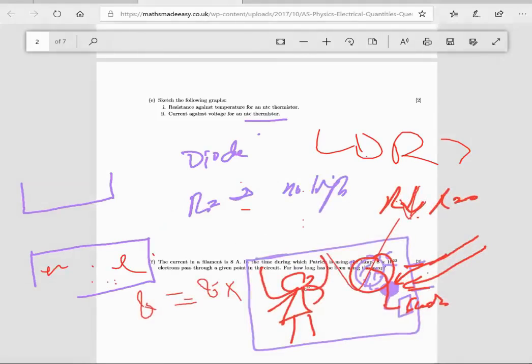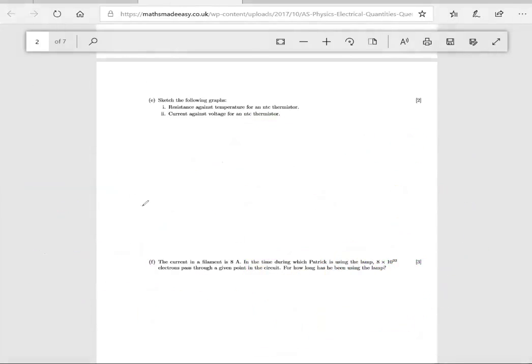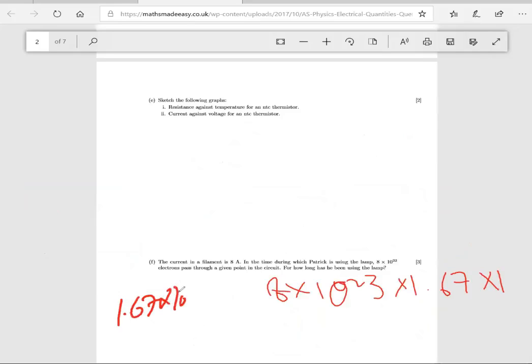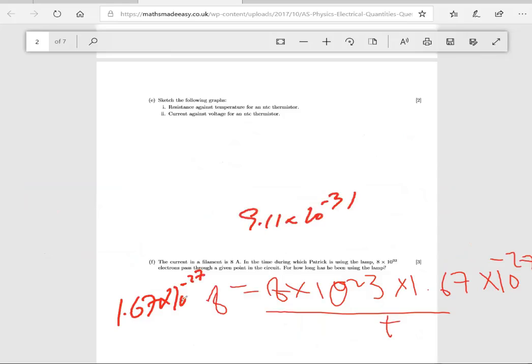What's the charge of one electron? The charge on one electron is... I keep forgetting. Is it 1.67 times 10 to the power minus 27? Okay, the mass of an electron is 9.11 times 10 to the power minus 31. Yes, 1.67 times 10 to the power minus 27, I think this is the charge.